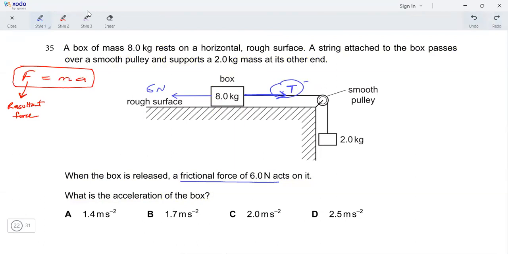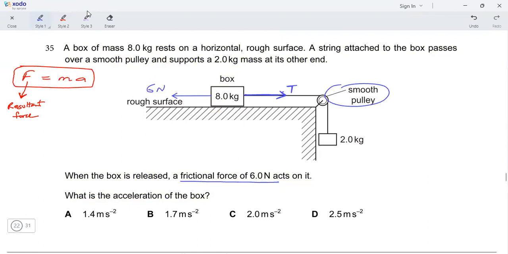This string is further attached to a smooth pulley, and at the other end of the pulley you have a 2 kilogram mass. So this tension is actually due to this little mass hanging down. So I can say that this tension is equal to the weight of this mass.